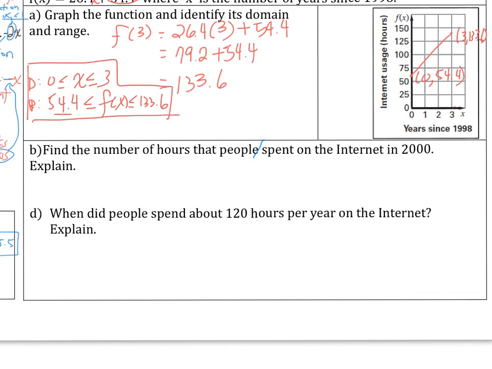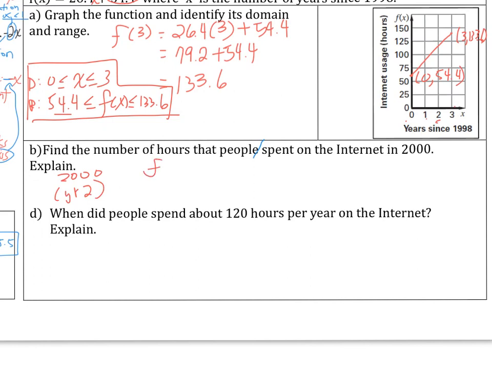Part B. Find the number of hours that people spent on the internet in 2000. So in the year 2000, that would be considered year 2. So 1998, 1999, 2000.